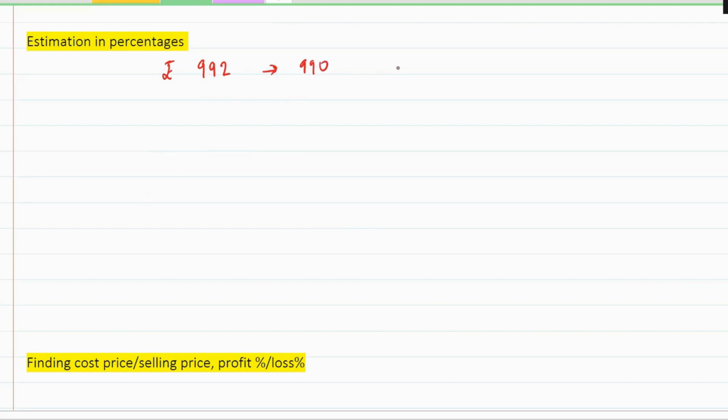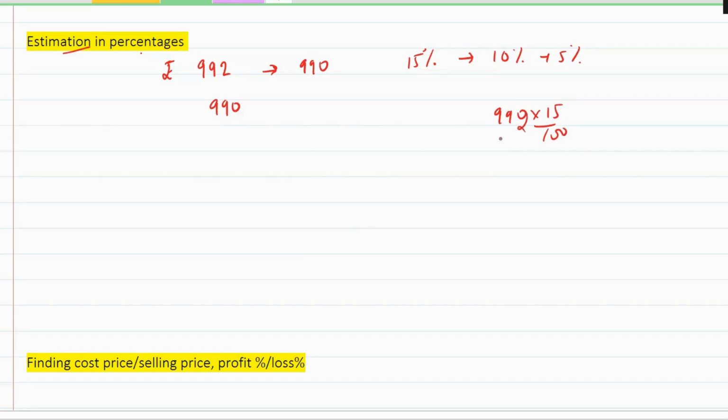And suppose I need to calculate 15% of this. 15% can be written as 10% plus 5%. Direct calculation would be 990 into 15 upon 100, that is 15% of 992.